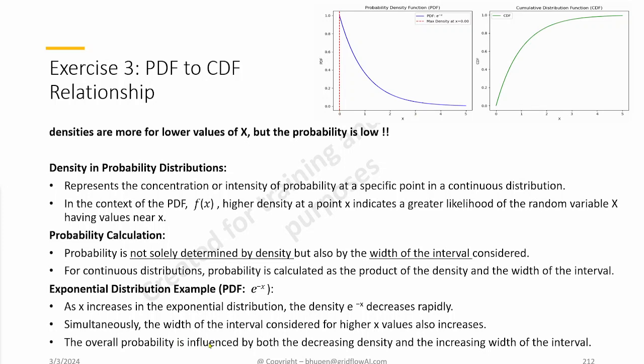The overall probability is influenced by both the density and the width of the interval. So it means the probability that the variable will be 1 will be lower than the probability that it will have the value 2 or 3. So as you move to the right hand side, the probability is going to increase.